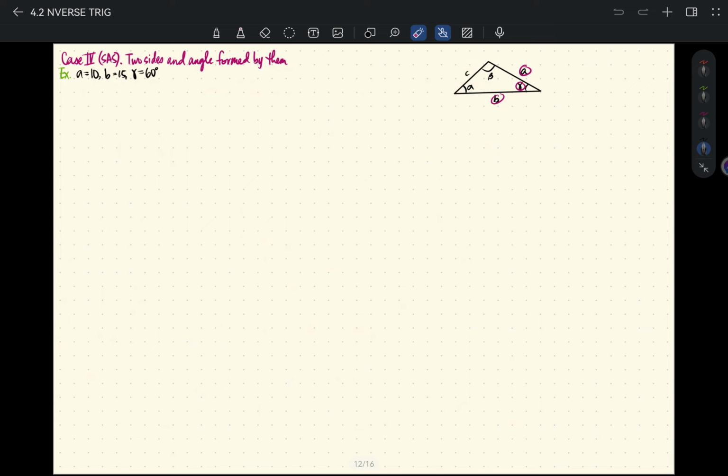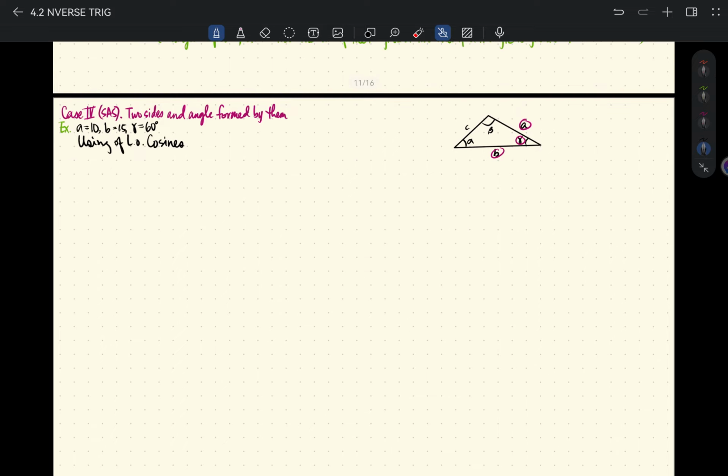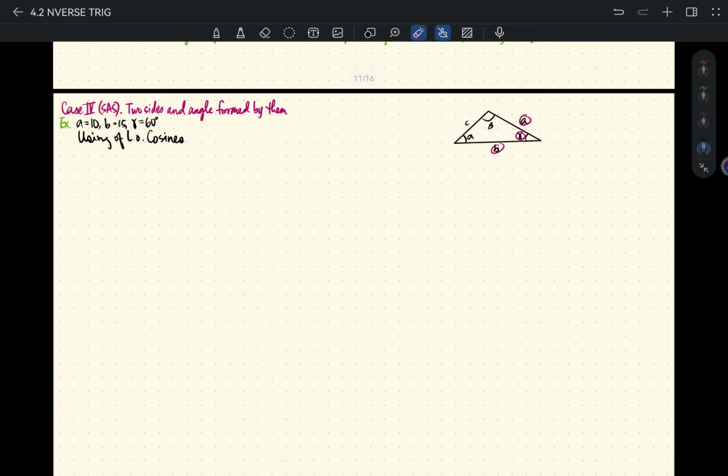So instead, we can use law of cosines. What's the missing value again for the side? We don't have C, but we have the angle opposite the side with length C, gamma. So we can use the form of law of cosines where on the left side we have C, and on the right side you have the angle gamma.